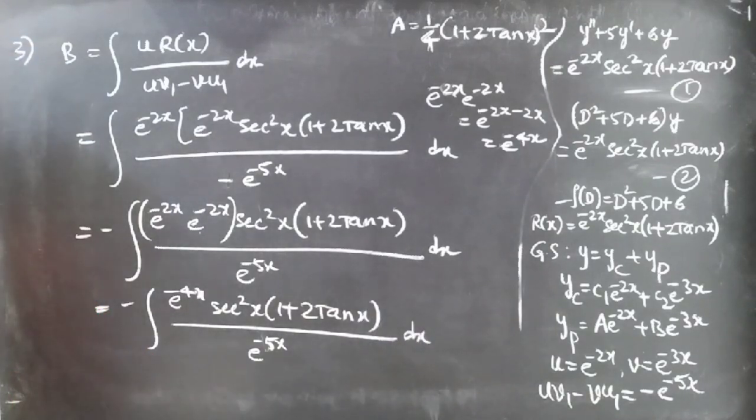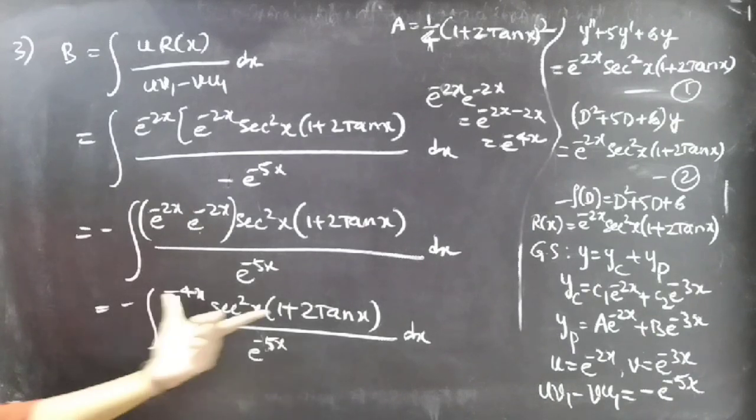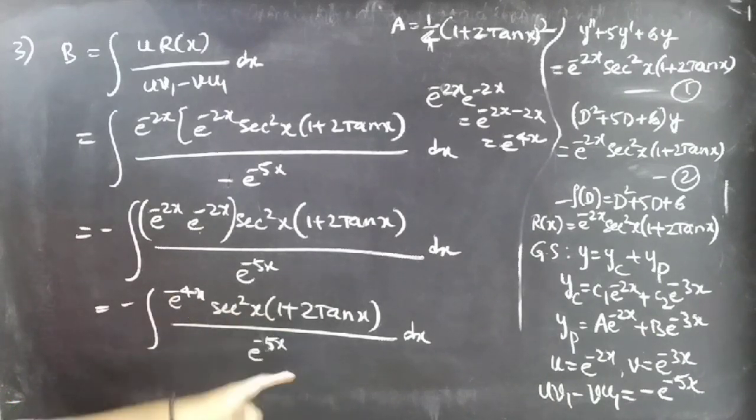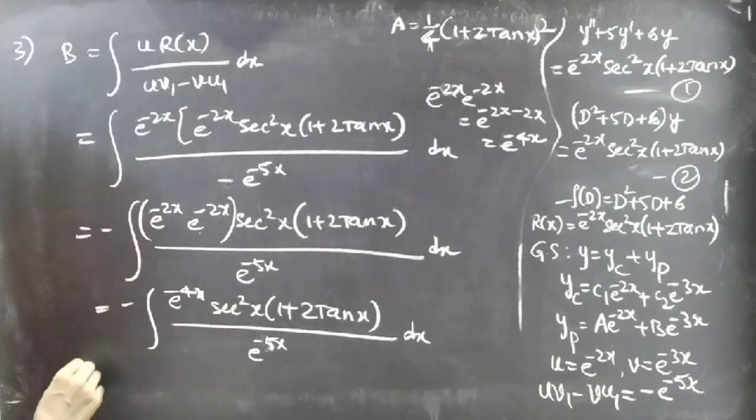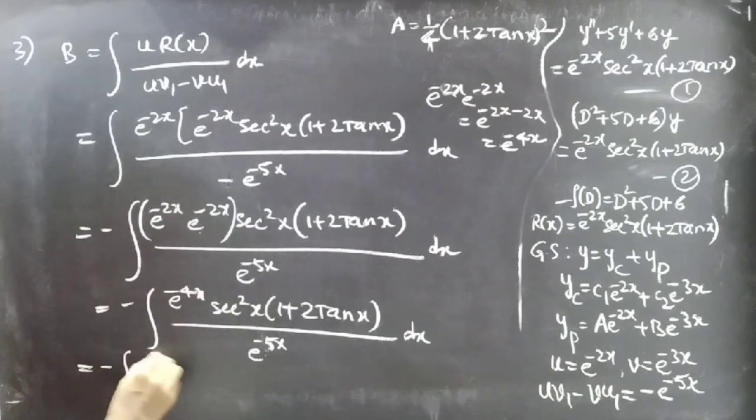In the next step, you can write e power minus 5x as 1 by e power 5x, or we can split the total fraction as the numerator part into 1 by denominator part. It's up to you. So I'll just write e power minus 5x as 1 by e power 5x.